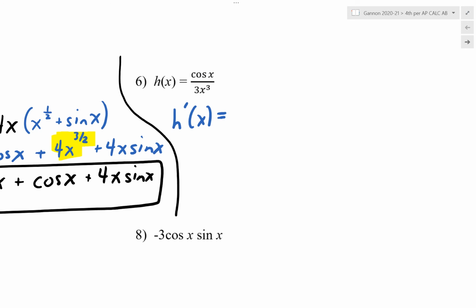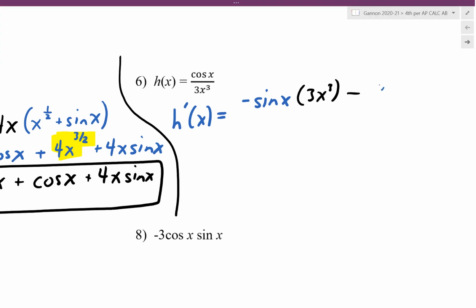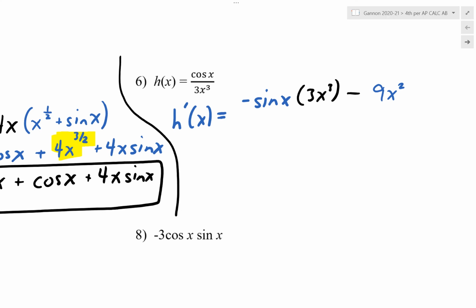So the derivative of cosine of x is negative sine of x times the denominator. So we've got 3x cubed minus the derivative of 3x cubed, which is 9x squared, times cosine of x, all over the denominator, which is 3x cubed quantity squared.